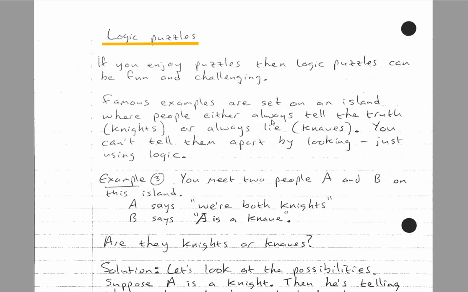The first type always tells the truth. Call those knights. The other type always lie. So those are knaves. So if you meet someone on this island, you don't know if they're a knight or a knave, but just by looking at what they say, you could try to work out which is which.